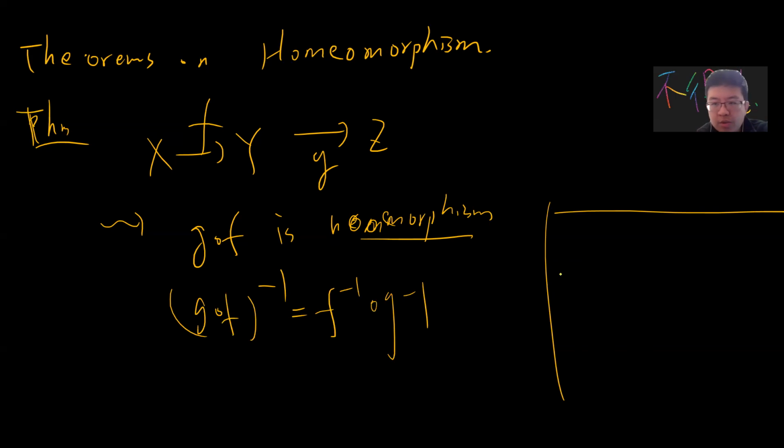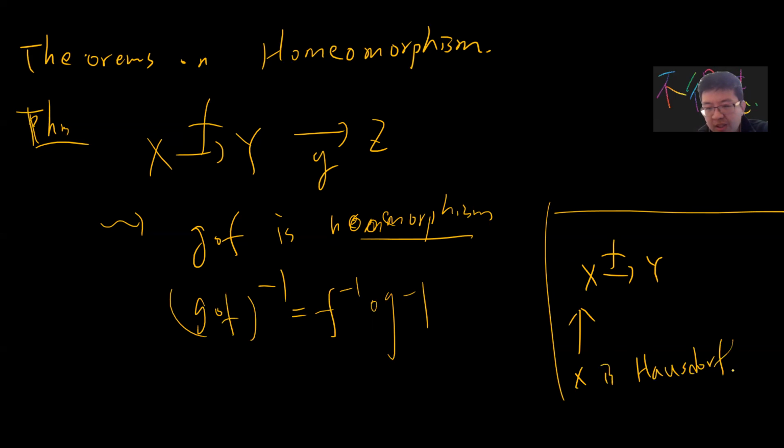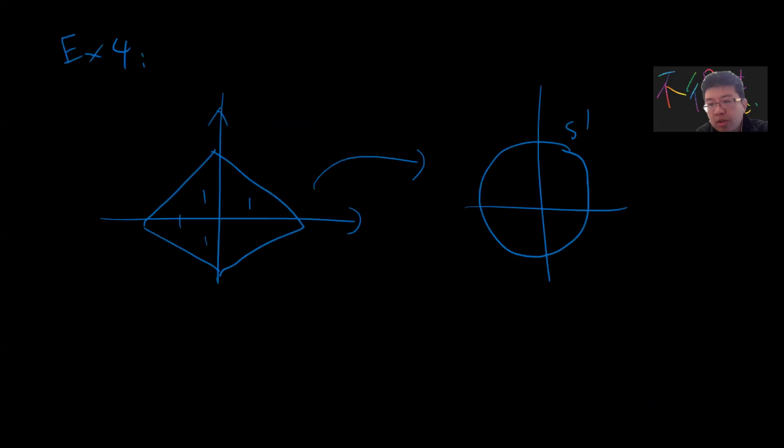For example, if X is Hausdorff, and f is a homeomorphism between X and Y, then Y will be Hausdorff, and vice versa. So every time I say homeomorphism, you can believe that these two topological spaces are the same as topological spaces. Okay, so see you guys in the next videos.